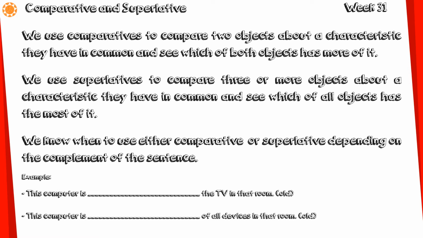We are comparing only two objects, so we're going to use a comparative, and the answer is older than. The second sentence is comparing the computer with all the devices in the room. So in this case, we're going to use a superlative, and we're going to have the oldest.